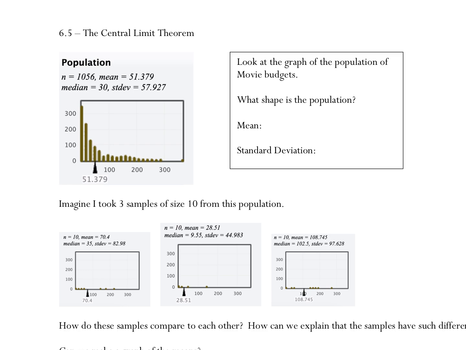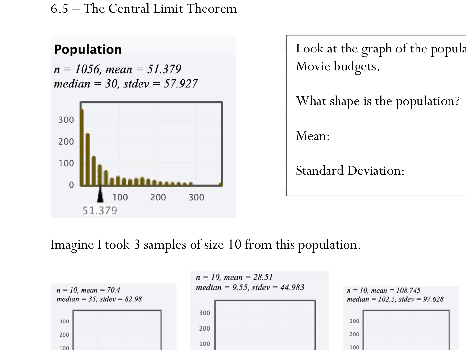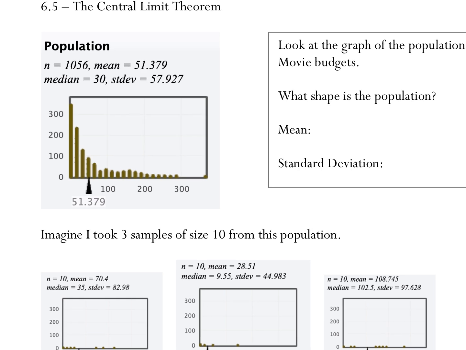Okay? So, what I have here is movie budgets. I don't remember the year, but these are all the movie budgets. So is anybody surprised to see the shape of this, where most movies are relatively inexpensive to make, and then you have your few big blockbusters? If I ask you to describe the shape of this particular distribution, you would say?